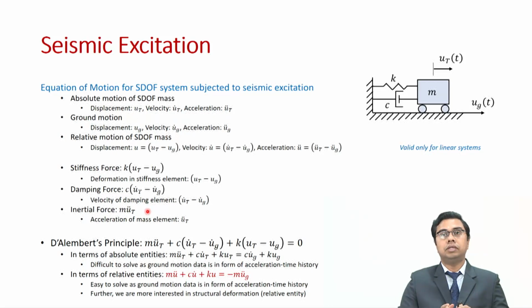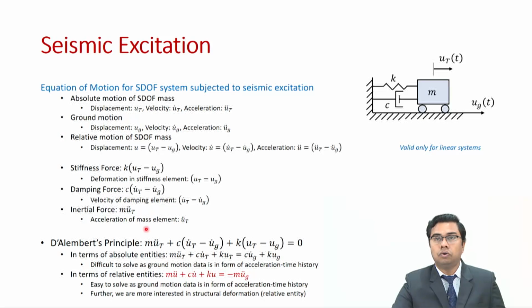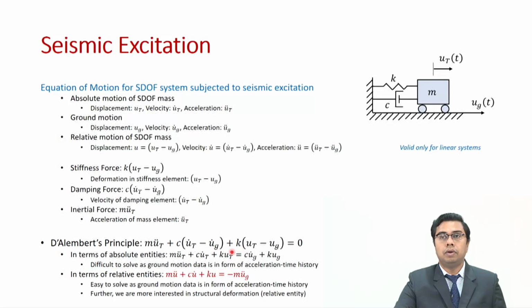Now we have the stiffness force, damping force and the inertial force known to us. We can write the equation of motion using D'Alembert's principle as over here. It will be m times u double dot t, which is the inertial force, plus the damping force, which is c times u dot t minus u dot g, plus the stiffness force, which is k times ut minus ug, equal to 0.